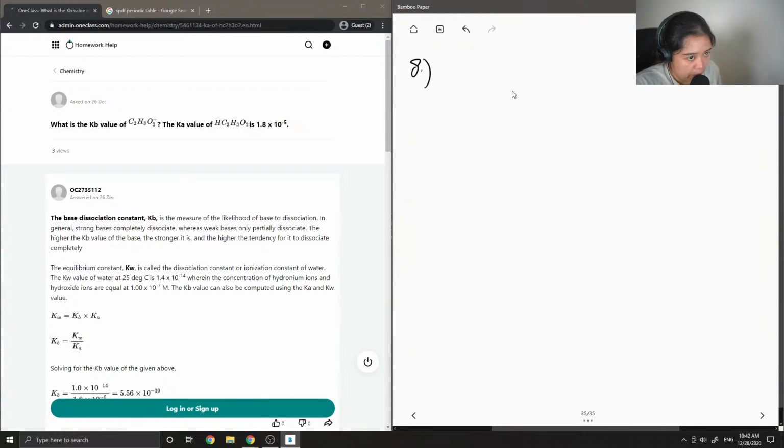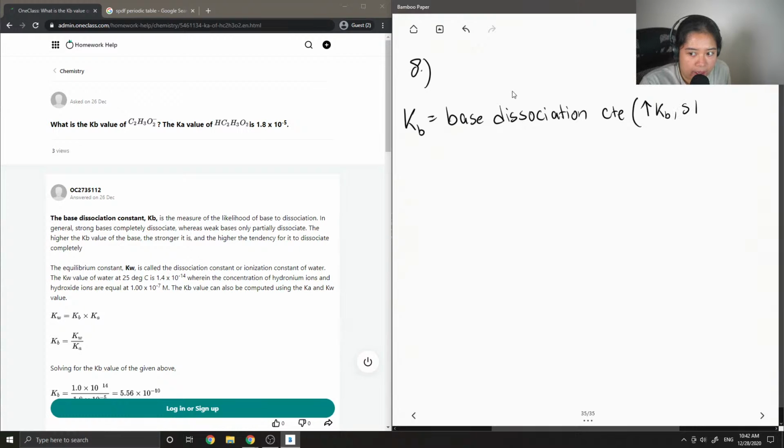Okay, so Kb is the base dissociation constant. And this pretty much tells us the strength of the base. So if you have a greater Kb value, then you have a stronger base.